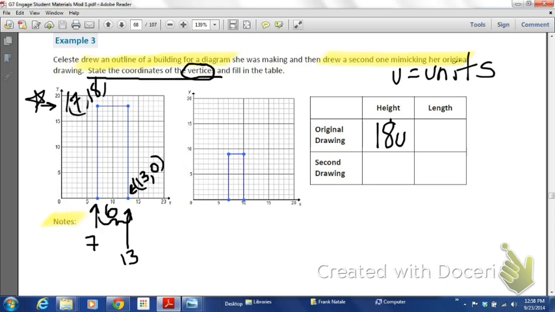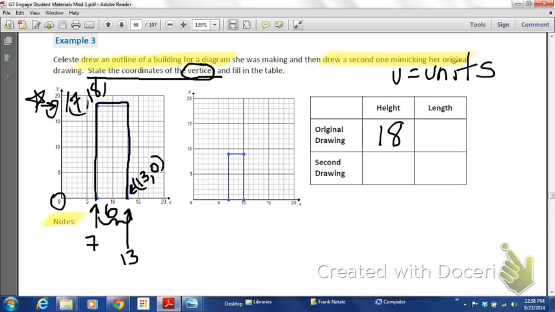Hopefully you can see what I'm talking about, because we're trying to find out the dimensions of this drawing of a building right here. The way we do it is we look at the height, which we figured out. I'm just going to take this u out. I just want to put 18, and you know it's units. 18, that's easy enough because it goes from 0 up to 18.